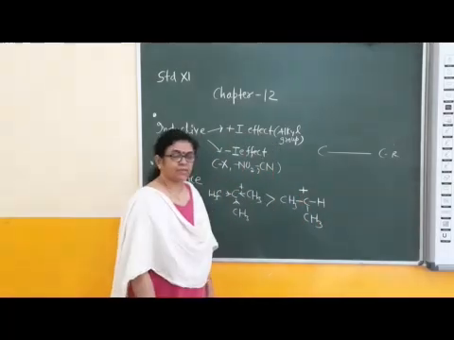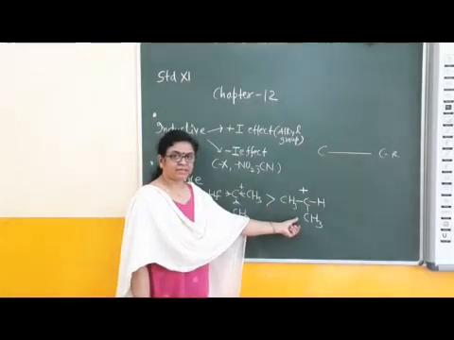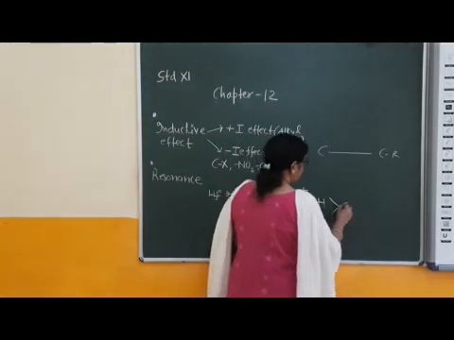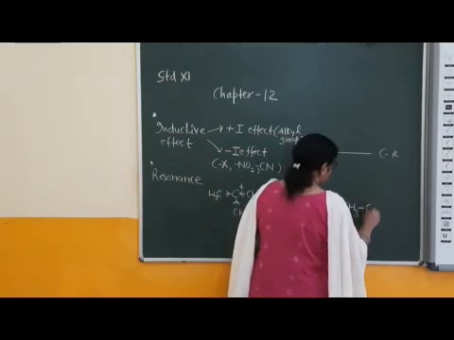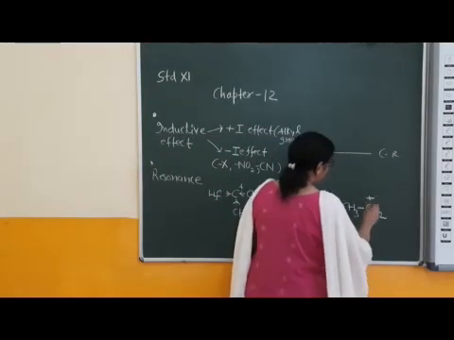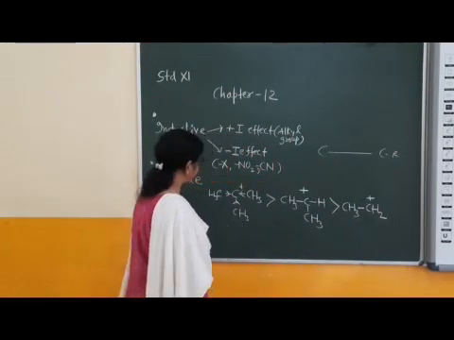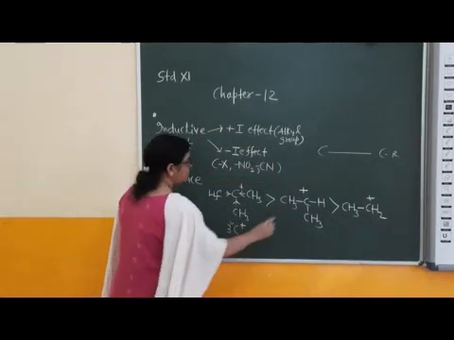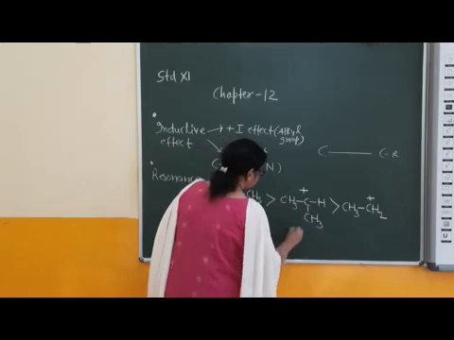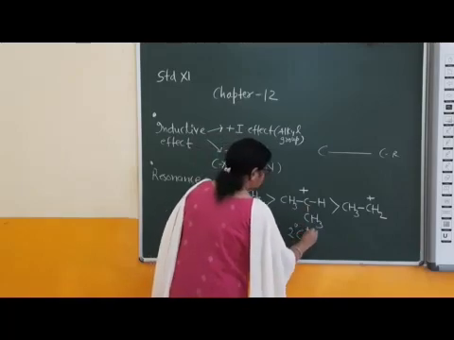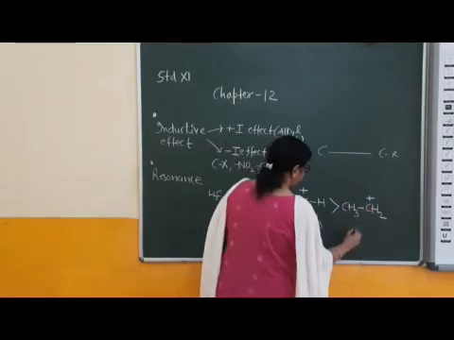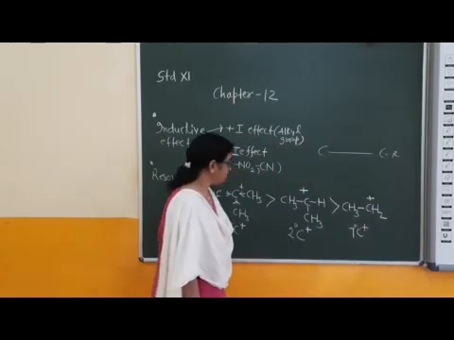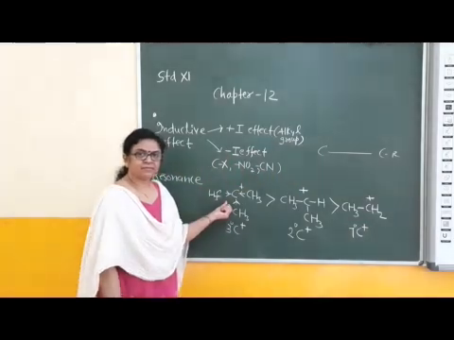This one has only 2 alkyl groups attached. Right? This is more stable than primary carbocation. This is tertiary, this is secondary carbocation, and this carbocation is primary. Okay, children?